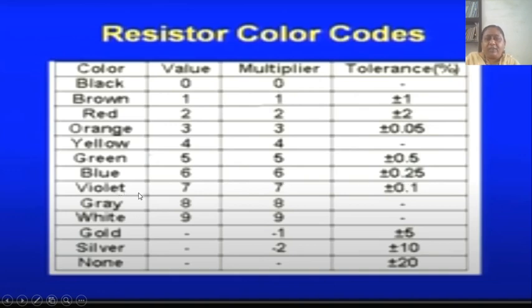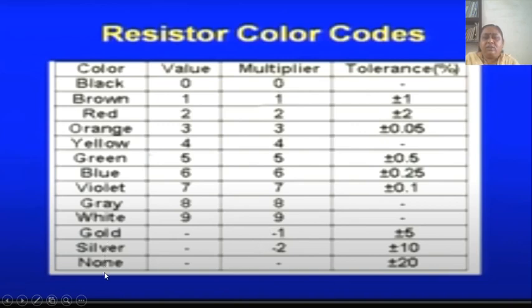Violet has value 7, multiplier is 7, and tolerance is plus minus 0.1. Gray has value 8, multiplier is 8. White has value 9, and multiplier is 9.